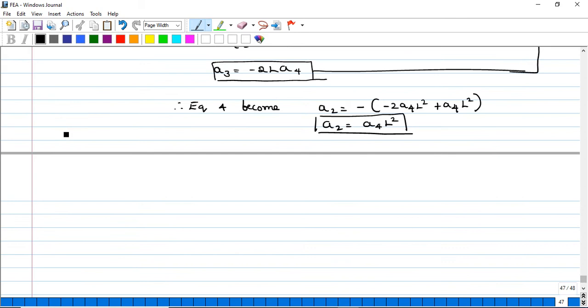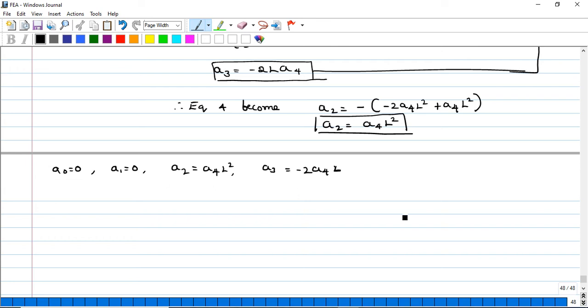We know a0, we identified as 0, a1 also 0, and a2 has been updated as a4 L square, and a3 as minus 2 a4 L. So we shall substitute all these values in equation 2.